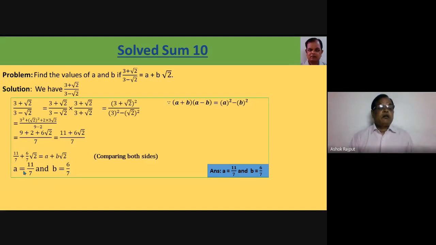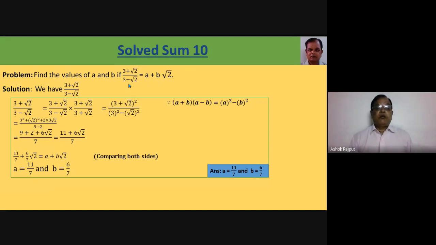Then what is necessary to do in this question? It means it is only rationalize the denominator and compare to the right side. Only it is. And we know already the rationalizing method and it is very simple. So these types of sums are coming in exam also or we are getting in the test also.